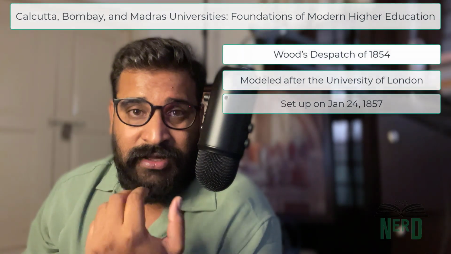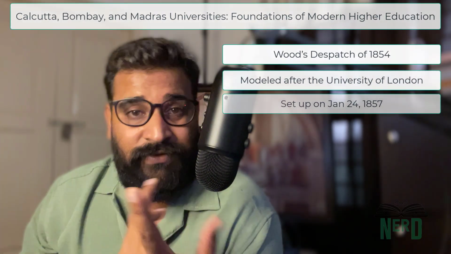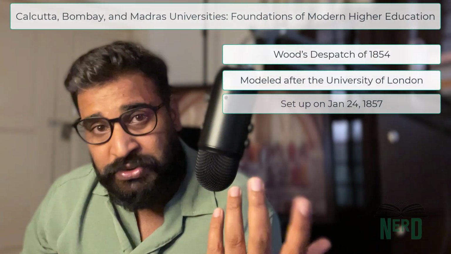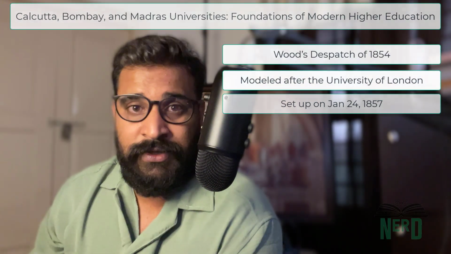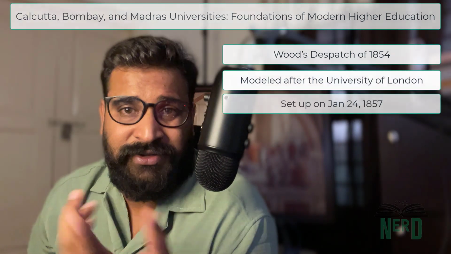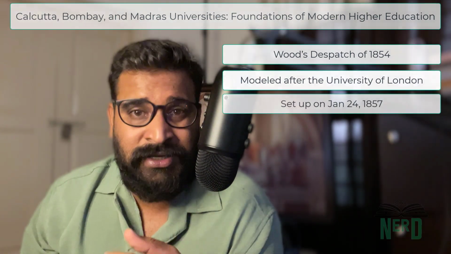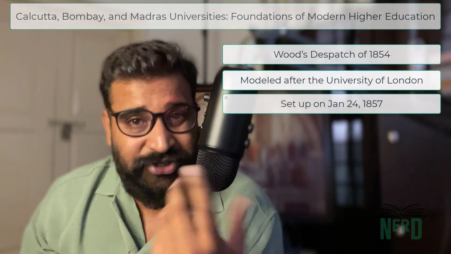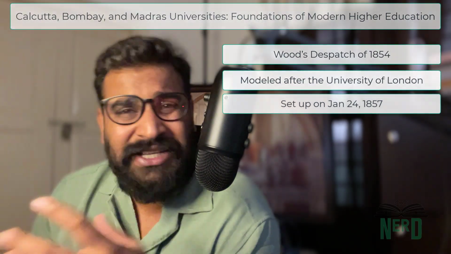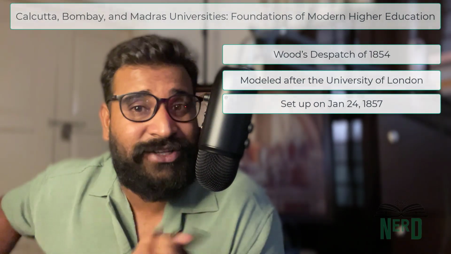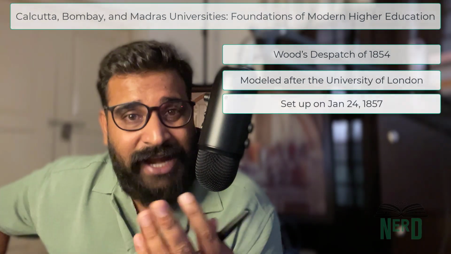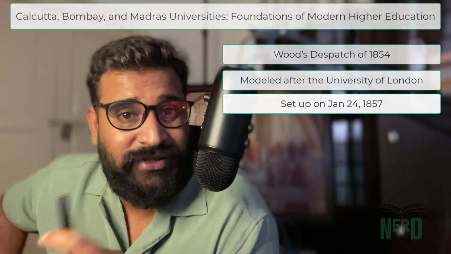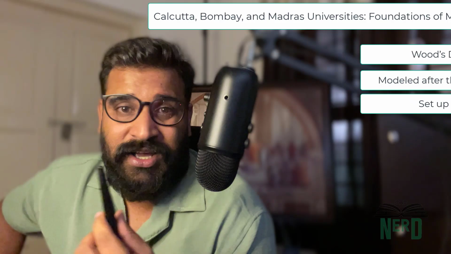The Governor General served as Chancellor, it had a Senate of 41 members, and covered a huge area from Lahore to Ceylon, right? Bombay and Madras Universities soon followed the same pattern, creating a standardized English medium higher education system. So these institutions laid the intellectual foundation for civil service, academic research, and the early voices of Indian writing in English. Remember, these 3 cities had one policy: a new academic era was born.